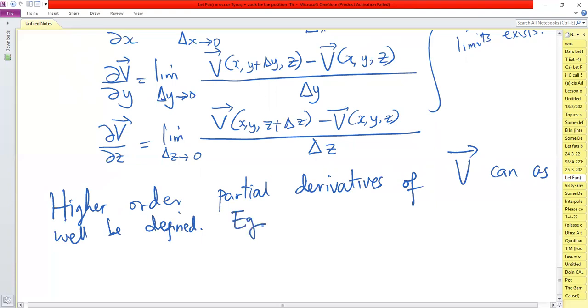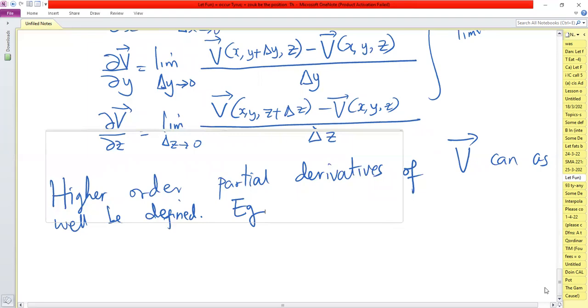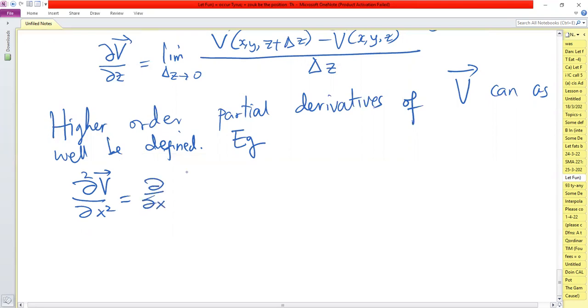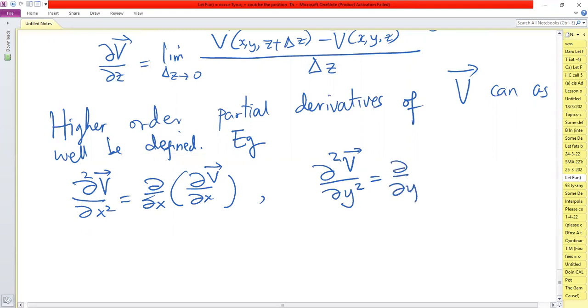For example, the second partial derivative of this vector with respect to x is the same as partial x of partial v partial x, while the second partial derivative with respect to y is partial y of partial v partial y.